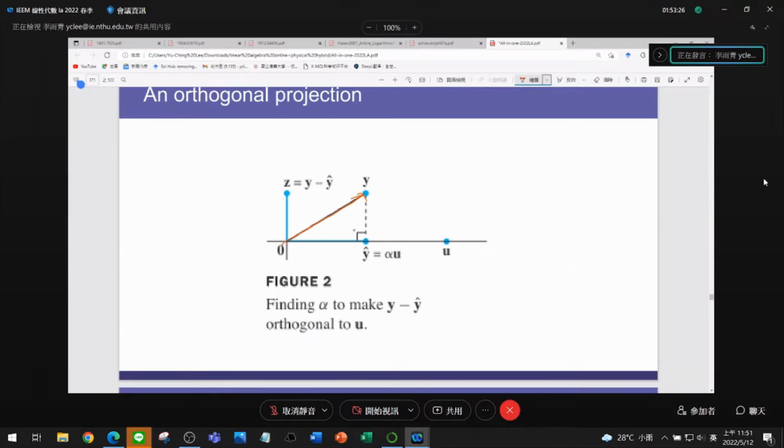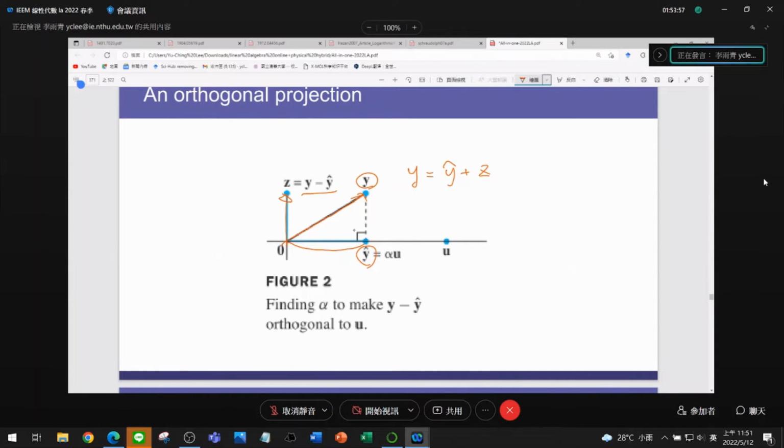This is a non-zero vector. And then we want to decompose it as two parts, which is y hat here and z. And since z equals y subtract y hat, z 等于 y 减掉 y hat. So we find out that we have y equals y hat plus z.